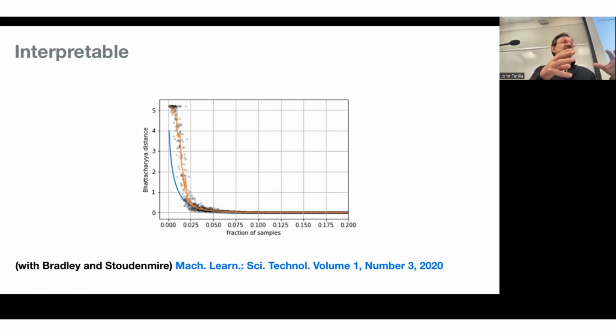Because this is an interpretable algorithm, we just went in and said, okay, theoretically, how well will we learn it if we use X% of the data set as training data? So we looked in, we interpreted some eigenvectors, and we analyzed the situation, and we came up with this blue curve as a theoretical prediction for how well the model would train given a certain fraction of samples from the training data.